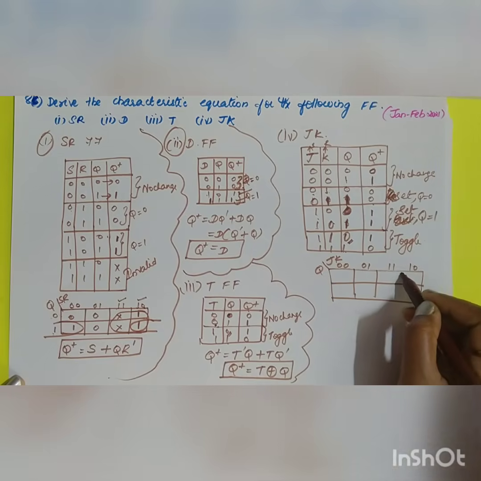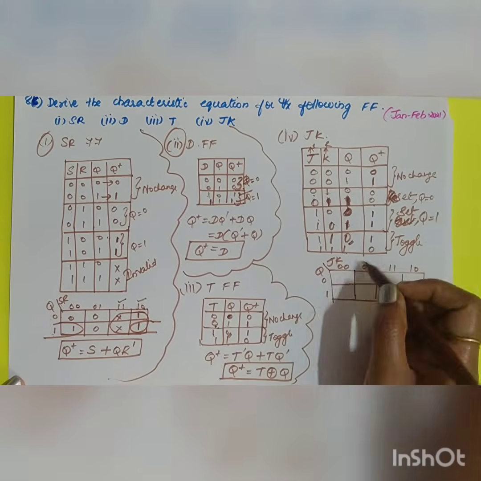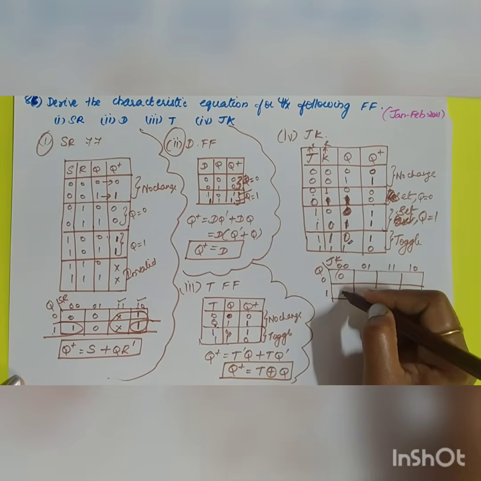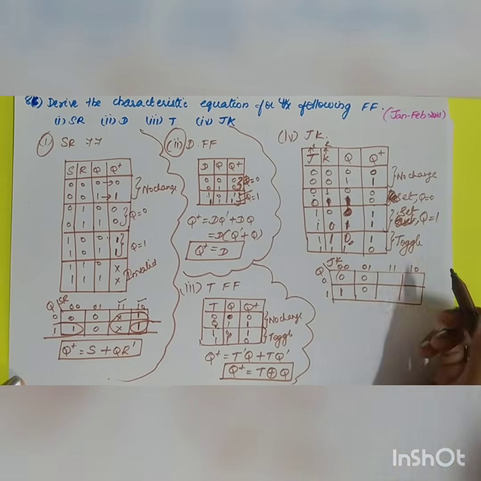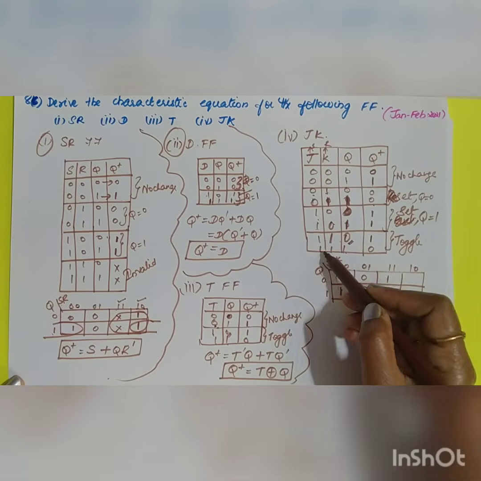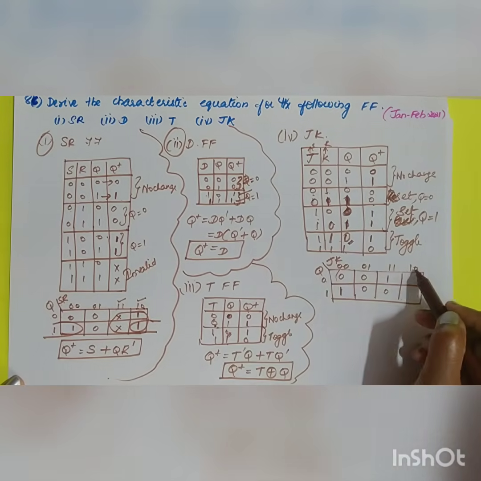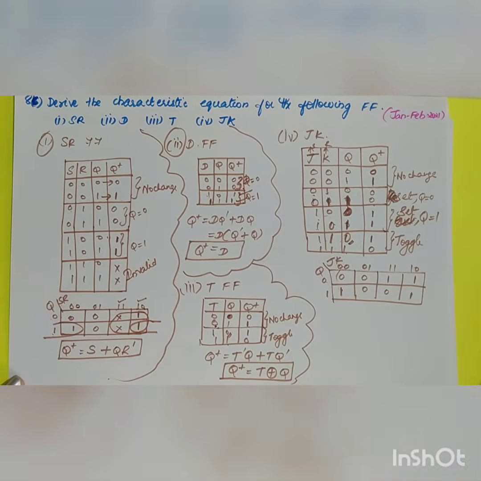So what are the values you have got? For 0 0 0, your value is 0; 0 0 1, it is 1; 0 1 0, it is 0; 0 1 1, it is 0; 1 1 1, it is 1; 1 1 0, it is 0; 1 0 0, it is 1; here also it is 1.